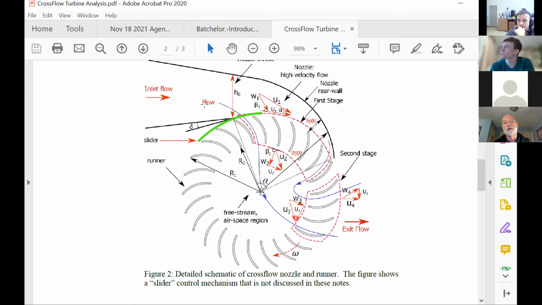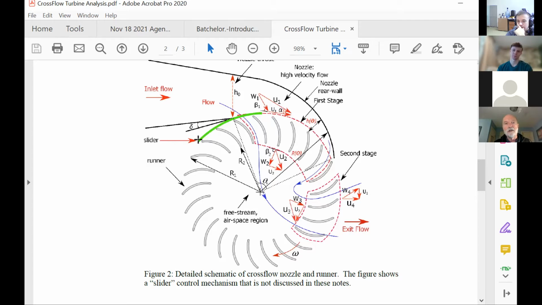But for hydro turbines, we're primarily interested in conservation of mass, conservation of angular momentum, and conservation of energy. The reason to be interested in conservation of angular momentum is that it is often easier to use that principle to determine the power that's extracted by the turbine.